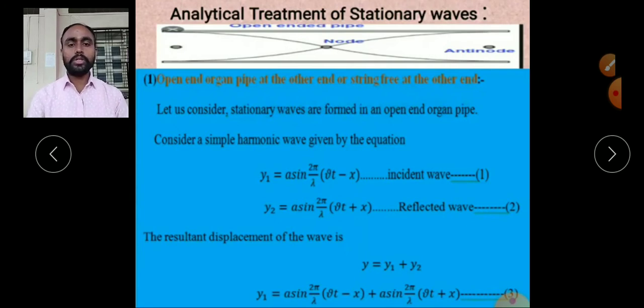Now, from equation 3, we have to use one formula. We can take a common, but we have sin c plus sin d, where c is (2π/λ)(vt − x) and d is (2π/λ)(vt + x). So sin c + sin d is 2 cos((c − d)/2) into sin((c + d)/2).